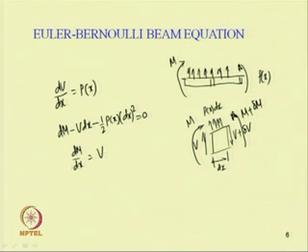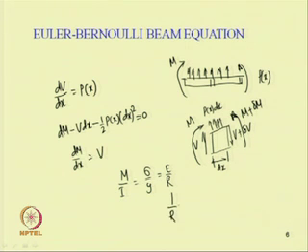From elementary strength of materials, for pure bending, M/I equals sigma/y equals E/R, where M is the bending moment, I is the moment of inertia, sigma is the stress, y is the distance from the neutral axis, E is the Young's modulus and R is the radius of curvature.